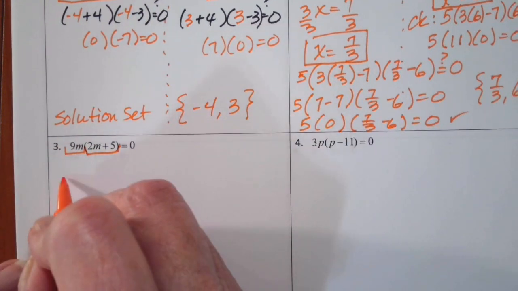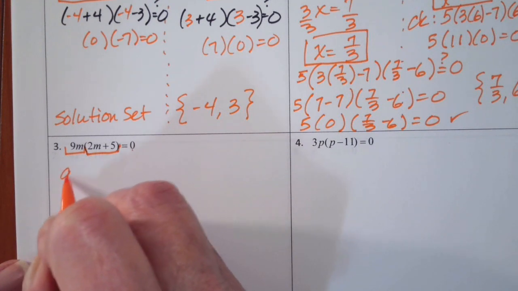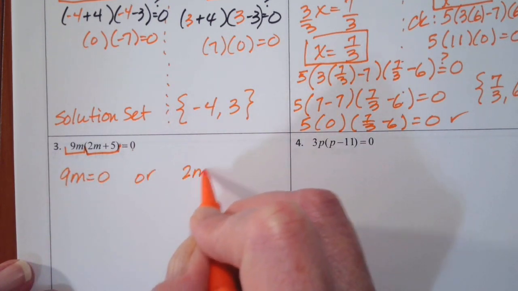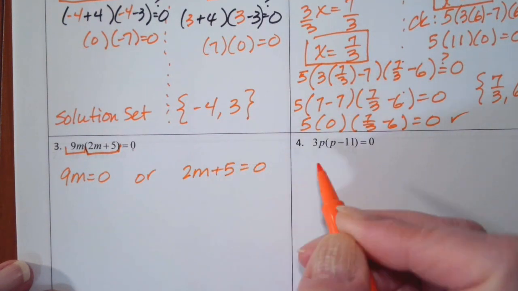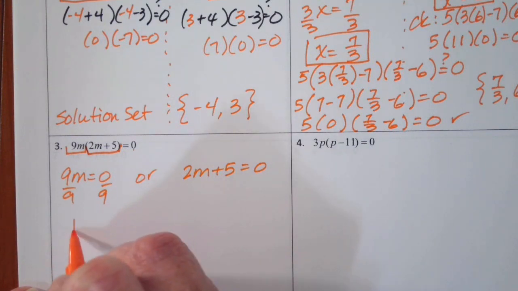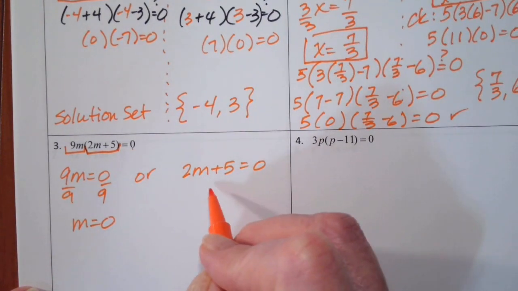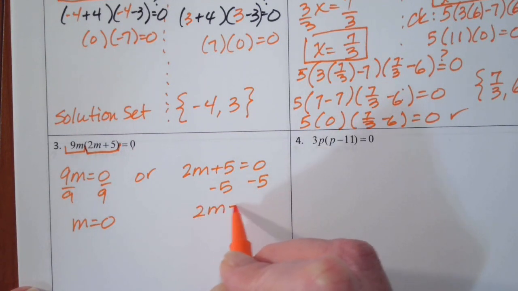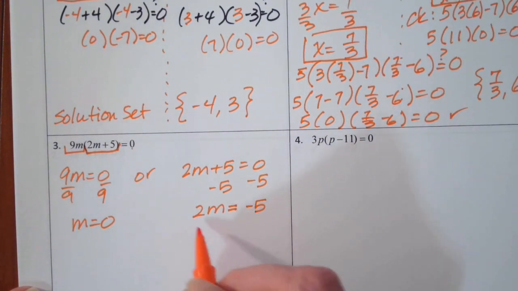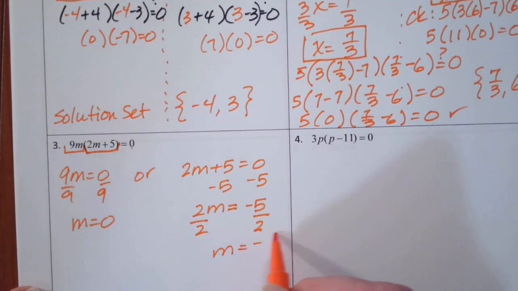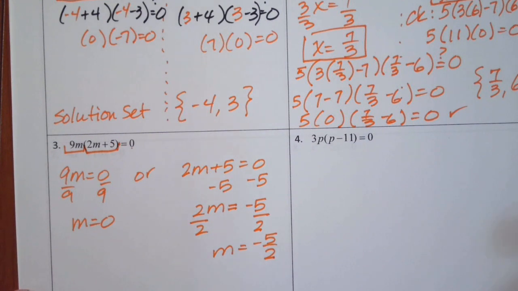So that tells me that if the product is 0, 9m equals 0, or 2m plus 5 is equal to 0. When I divide by 9, I get m equals 0. Subtract 5 gives me 2m equals negative 5. When I divide by 2, I get m equals negative 5/2.